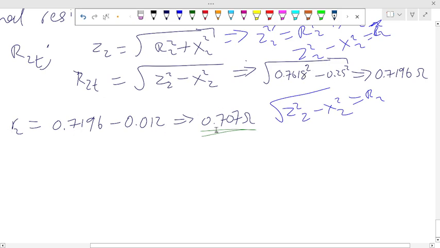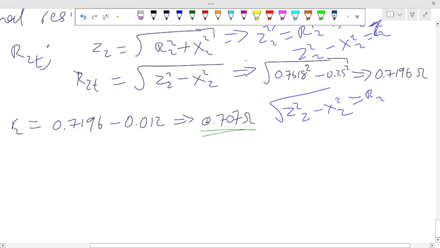Let me just complete the process, but you can punch your calculator and ensure that's correct, and I'll do that right now. So just give me a second, let me confirm that. 0.7618 squared minus 0.25 squared. Okay, it's correct. So I just missed the sign here. Okay, sorry about that.